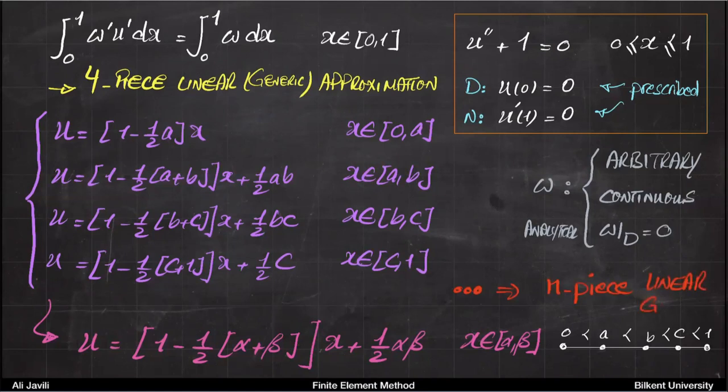Okay, so this is generic in the sense that the alpha and beta are just generic numbers. Obviously beta should be larger than alpha and they should be between 0 and 1, but still they don't have to be exactly in the center or 0.4 or 0.3 or anything. They can be anywhere.